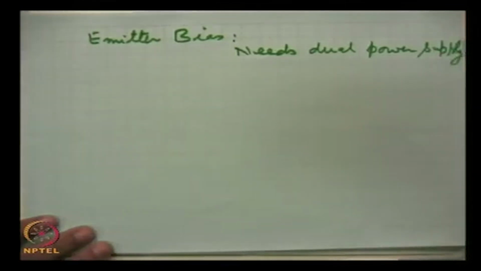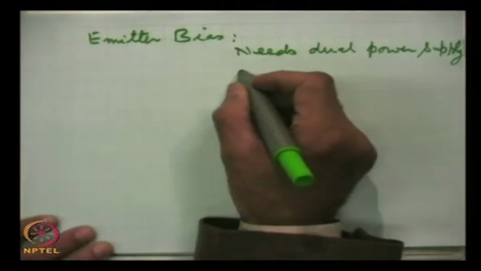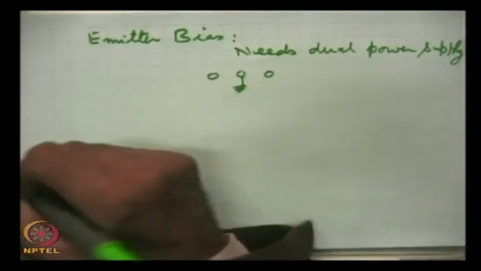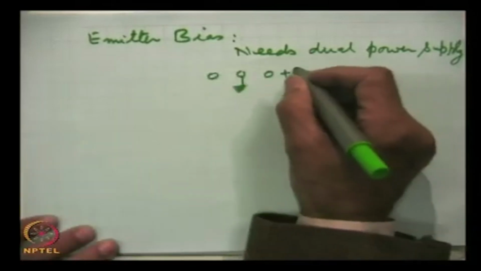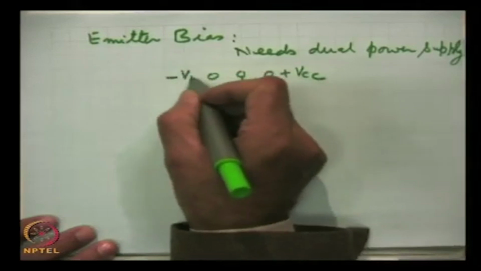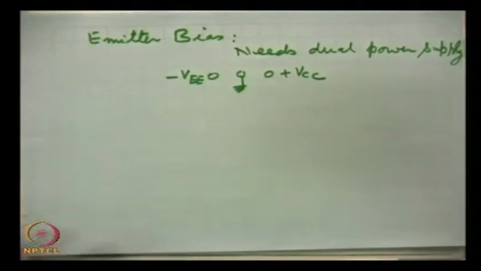And I have explained the meaning of dual power supply, and that is two voltages with respect to ground. One is plus VCC, other is minus VEE. This power supply is needed to implement emitter bias, and then the circuit is simple, and actually this is a very popular biasing scheme.